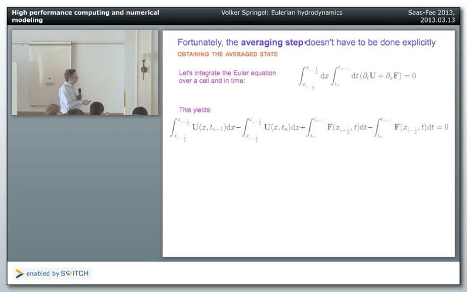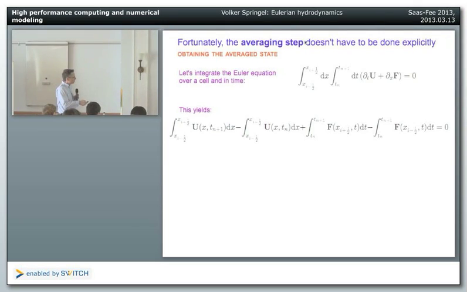The average state that I want at the end is just the integral over the evolved state divided by delta x, right? So I can replace this with the desired average state times delta x. And this here is the average state I start out with times delta x.